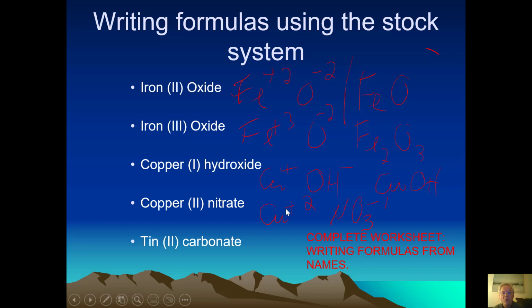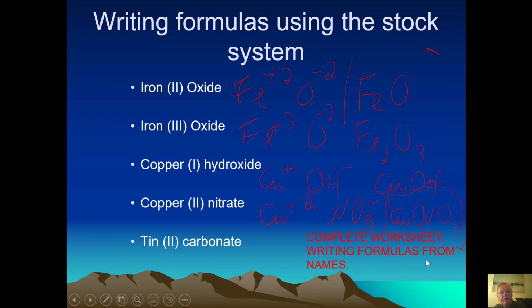Because this is a 2 with the copper and it's coming down to a polyatomic ion, I have to use the parentheses that I showed before. So this will be, and this is a 1 that will come down to the copper. So this is Cu(NO3) taken twice. This is copper nitrate taken two times.